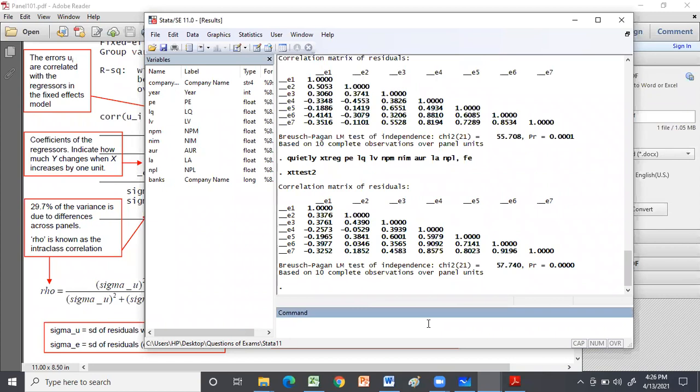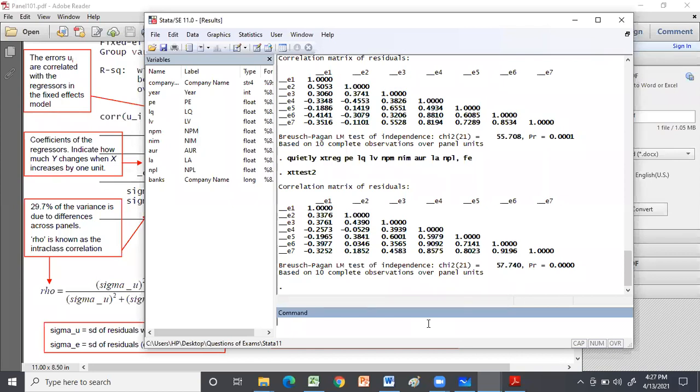That means whether the residual of one panel is correlated with the residual of another panel. Cross-sectional dependence means whether the error of one group or one panel is correlated with the error of another panel.